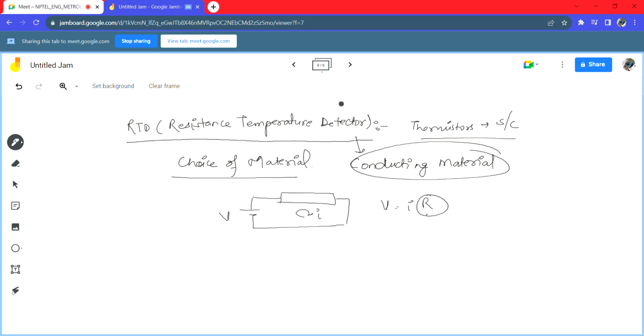So this R is an important factor, and this R is going to change because of the subjection of delta T temperature. So as soon as we supply delta T here, this resistance is going to change. So the experimental setup here is the same, but the choice of material is different. We are here using purely conducting material like copper.